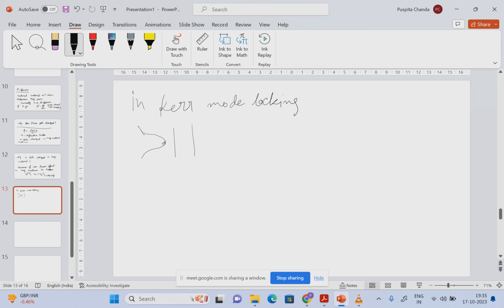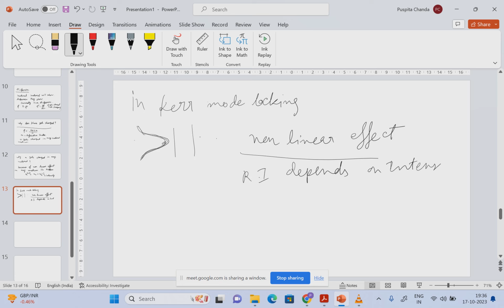So when intensity is high, refractive index is high, so this portion gets focused. All of this is because of the nonlinear effect. Because of this nonlinear effect, refractive index depends on the intensity of the pulse.